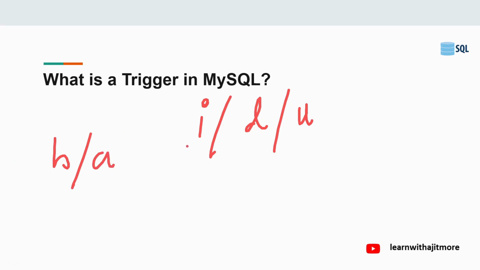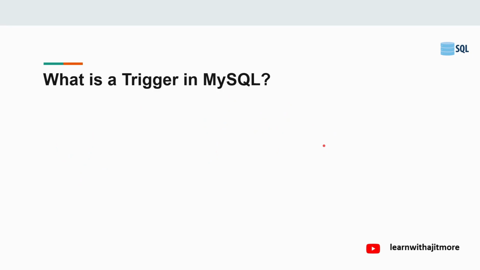So suppose you have written it for insert and after. So whenever on the table you perform an insert operation, after doing that insert operation, it will execute it. And suppose you have done it for before, then before doing that insert, it will execute your trigger. Same is the case for delete and update. Okay. So in simple terms, triggers are stored programs.